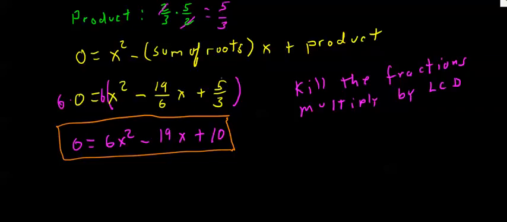And then what we did at the very end is we multiplied by the least common denominator on both sides. Although because it was 0, the net effect was nothing changed. All right, let's do one more example.